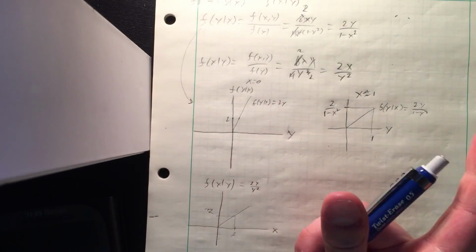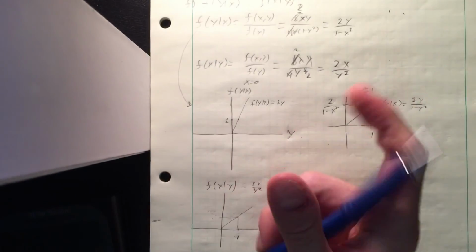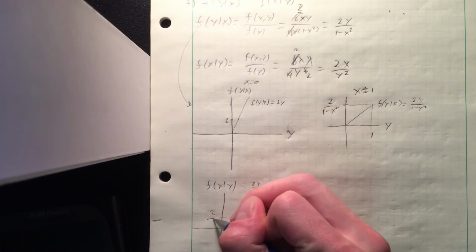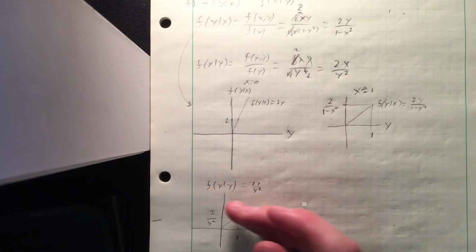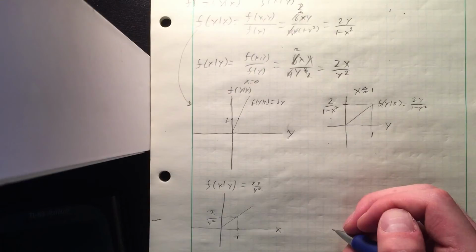That would be 4. Let's make it a little neater. So if x is 1, it's 2 over y squared, kind of where that would line up. If x was 2, 4 over y squared.